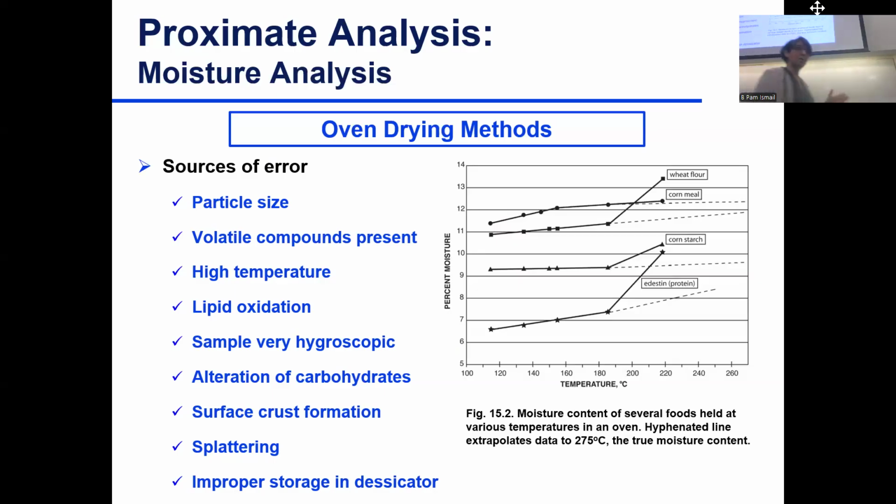So all of these are potential sources of error. We try to reduce as much as we can and control. But again, that's why it's proximate, because no matter what we do, there's always going to be error that we cannot control 100%.